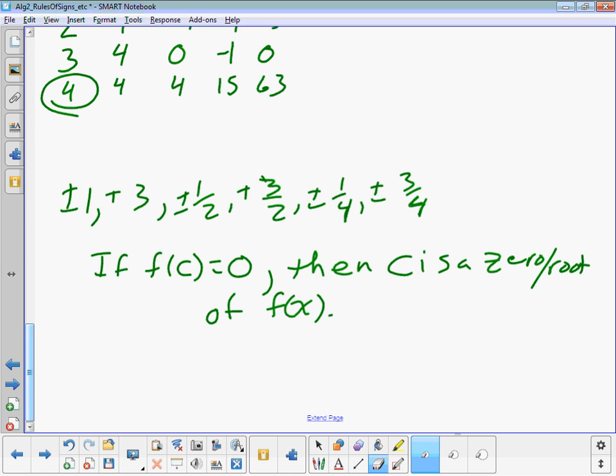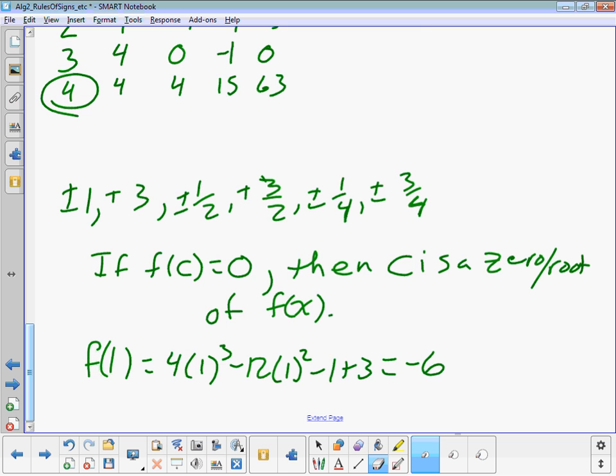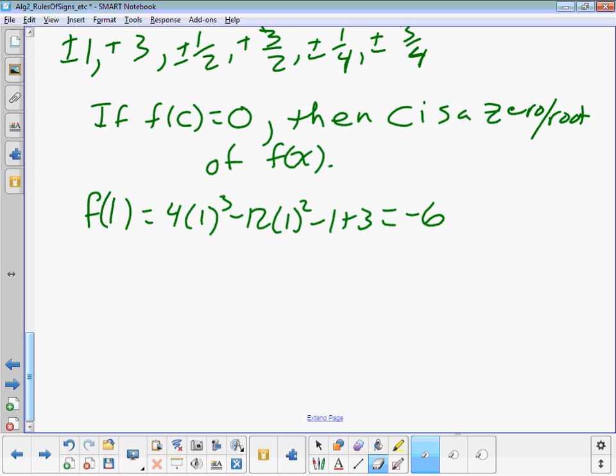So what was my equation? So f of 1 gets me 4 times 1 cubed minus 12 times 1 squared minus 1 plus 3. And if I run that through, I get -6. Okay. f of -1 would give me 4 times -1 cubed minus 12 times -1 squared minus the -1 plus 3. If I run that through, I get a -12.